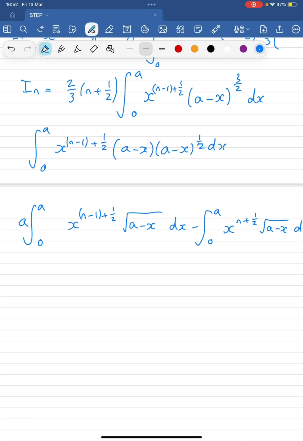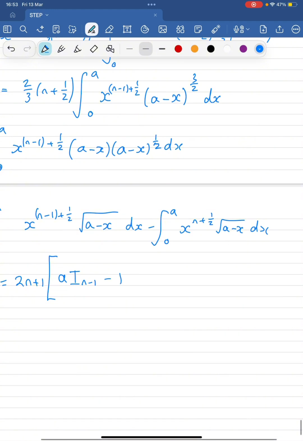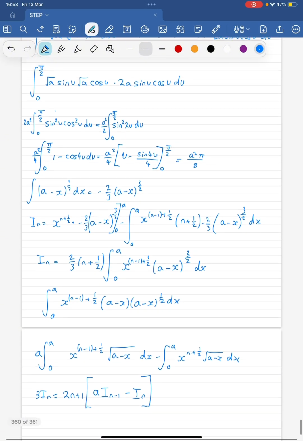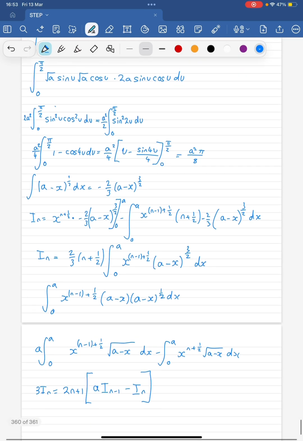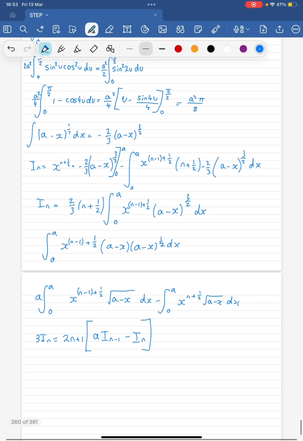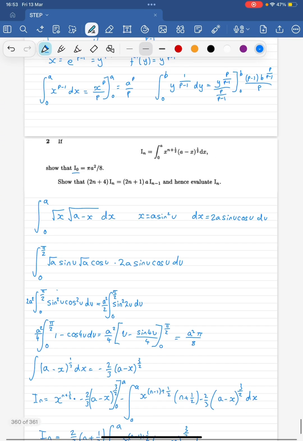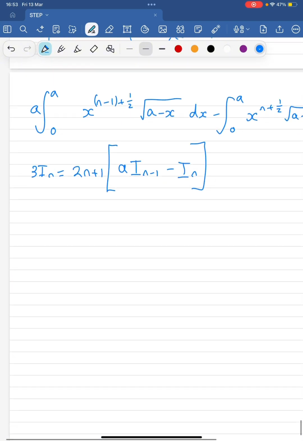So if I multiply this 3 up, we have 3 I n equals 2n plus 1 times a I n minus 1 minus I n. Right? Yeah, seems fine. The 2n plus 1 looks good.